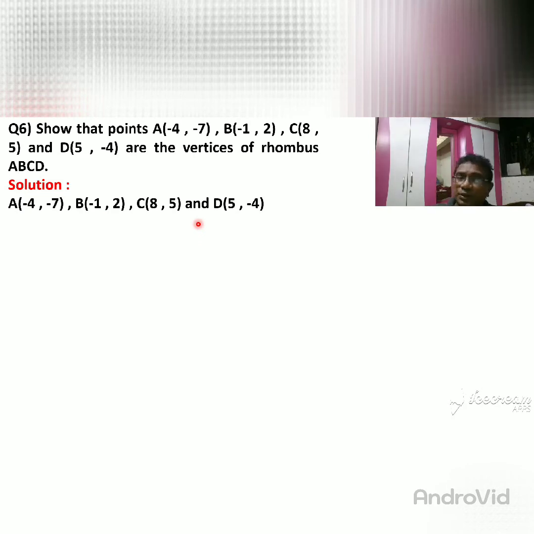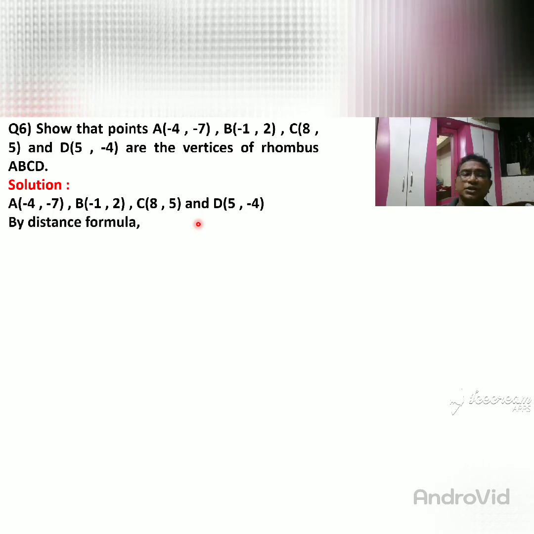So you want to prove that all the distances are the same. Why? Because in a square and rhombus the 4 sides are congruent. If the 4 sides are congruent, that means the distance between each pair of points is the same. So they are a rhombus. So you want to prove that AB is equal to BC is equal to CD is equal to AD, that all 4 sides are congruent, so the distances must be the same.